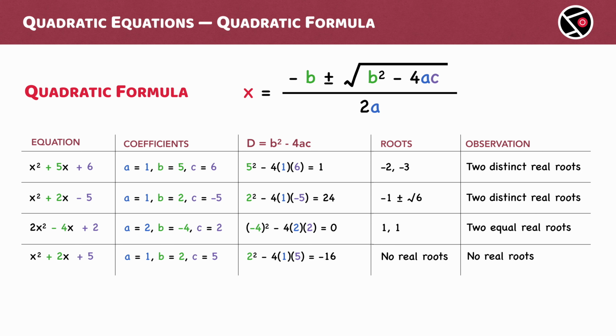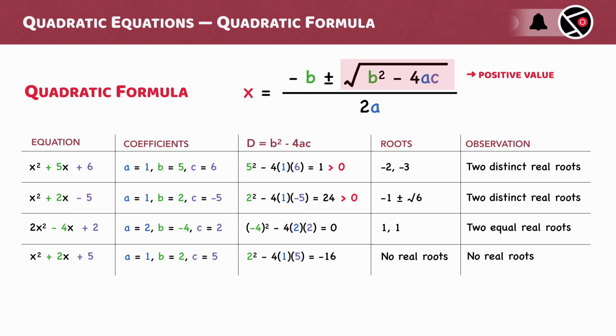Notice that d is greater than 0 or positive for the first two equations. D greater than 0 means the square root over here gives us a positive value. And because of the plus minus sign, we get two different values of x.